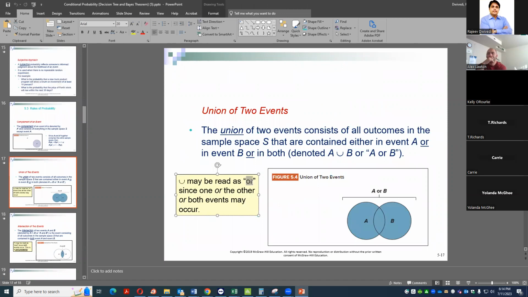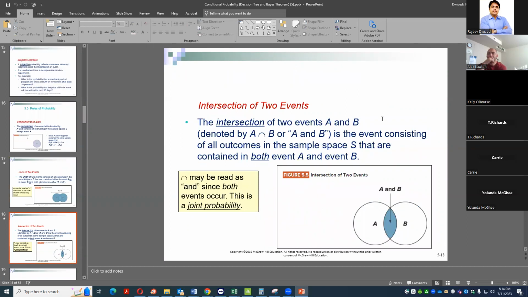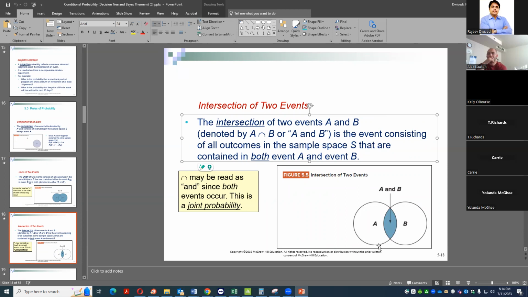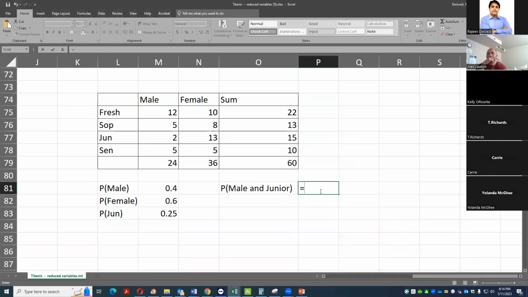This is the sign of OR, A or B. And A and B is the common area, divided by the total. So male and junior. What is the male and junior? This is male and junior divided by the total.